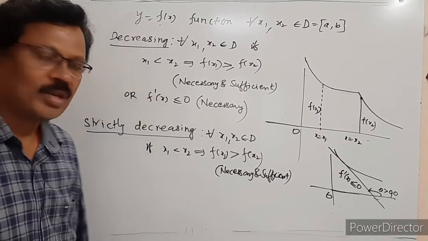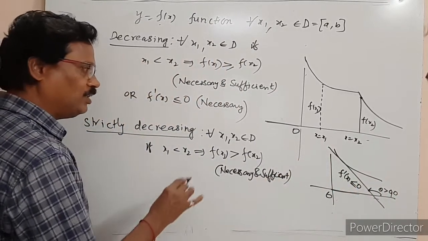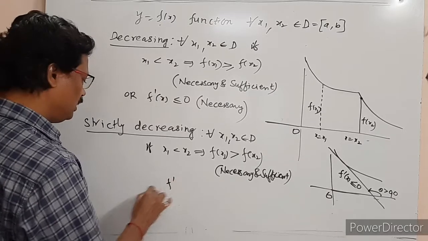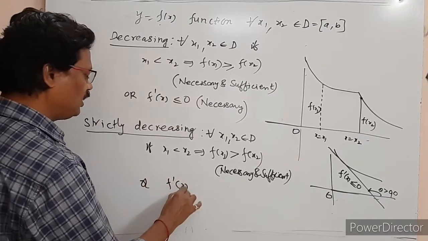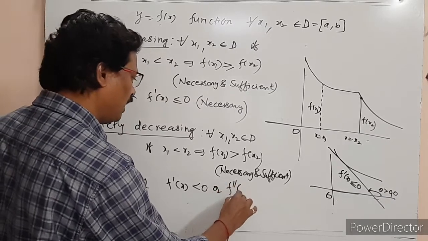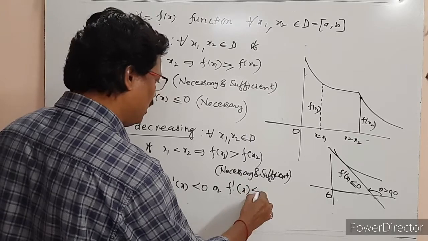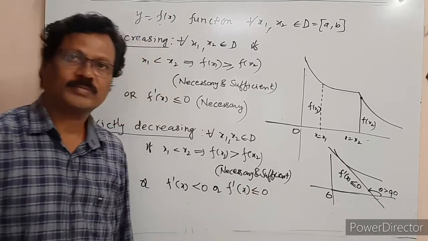This is a strictly decreasing graph. Therefore, f dash x is always less than 0. This is another condition, f dash x always less than 0. Or there may be the possibility that sometimes f dash x is less than or equal to 0.